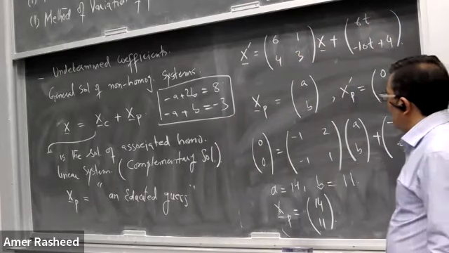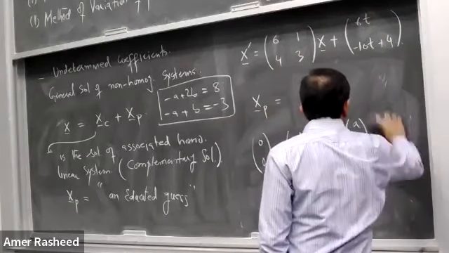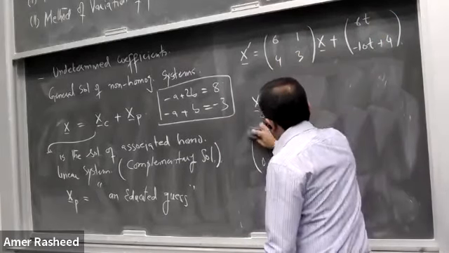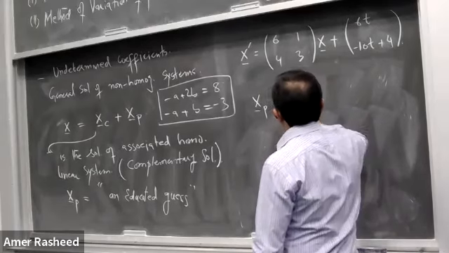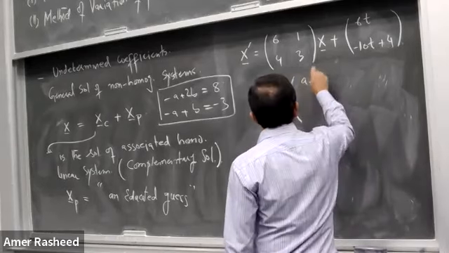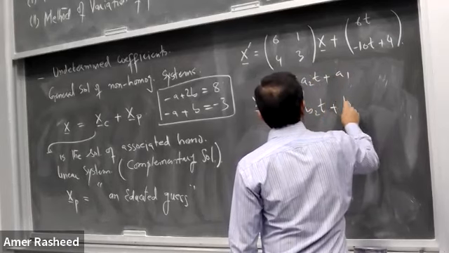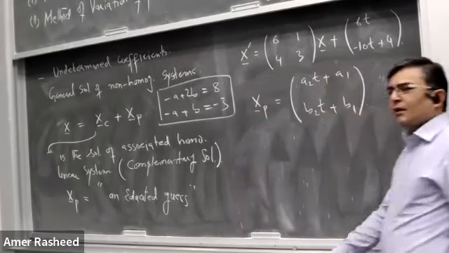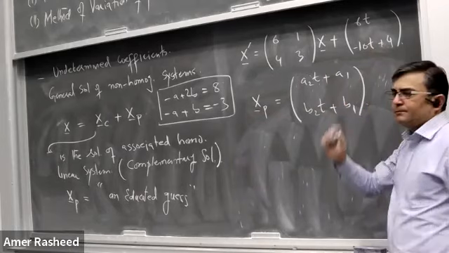Now, the form of the particular solution which you assume is what? It should be a polynomial of degree 1 in both entries. So you should write [a2t + a1, b2t + b1]. In both entries, the assumed particular solution should be a polynomial of degree 1.